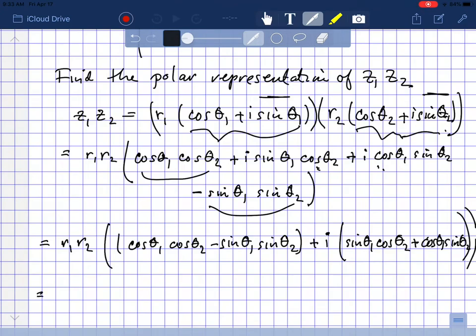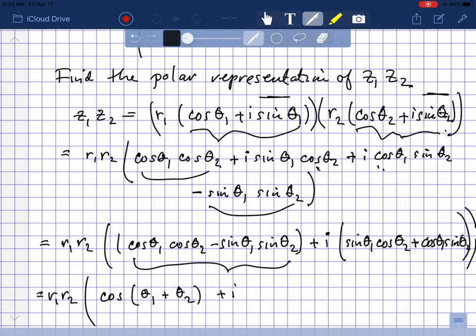Right? And now we can simplify because we have these additive identities for sine and cosine. And what can you tell me about this quantity here, the real part? Well, we know that this is equal to the cosine of theta sub 1 plus theta sub 2.